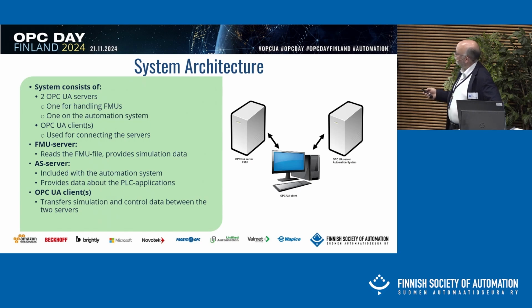This provides the simulation data, and this executes the applications, and the client reads the output, writes there, and reads from here output and writes there to input. So this updates the data in both directions.